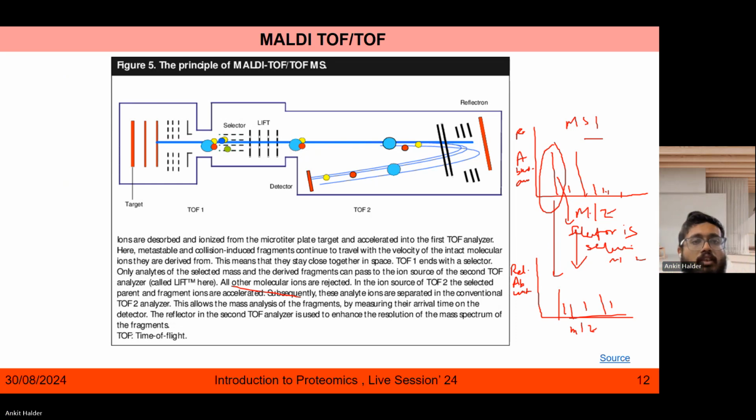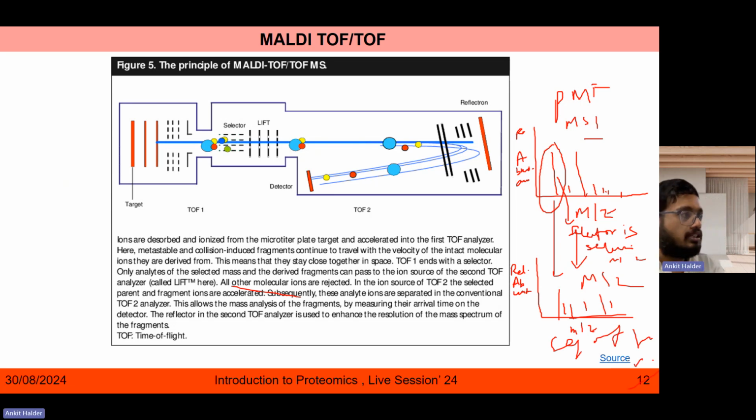This is how it goes at the MS2 level. So this will give the PMF, and this will reveal the sequence of the peptide.